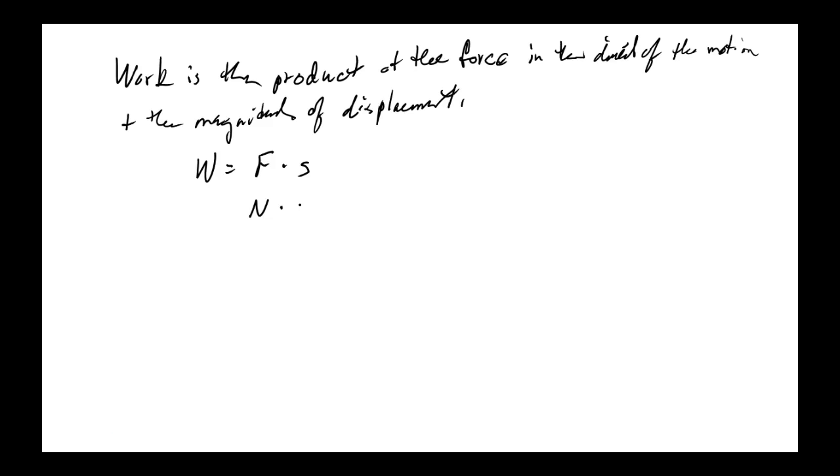Starts with an M. Metric units. What does metric come from? What's the root word? Meter. Metric unit, meter. That's what the unit of displacement is, a meter. And a Newton meter has its own name, and that's a joule.